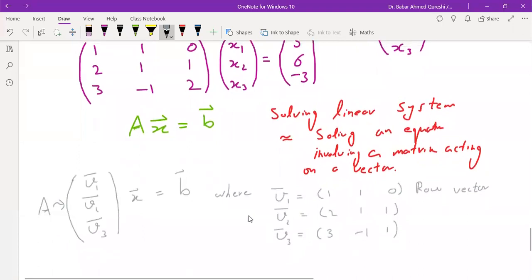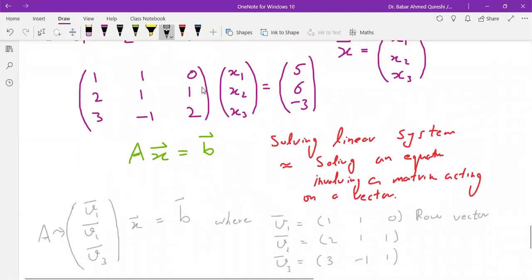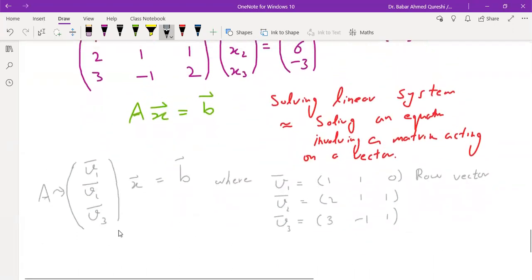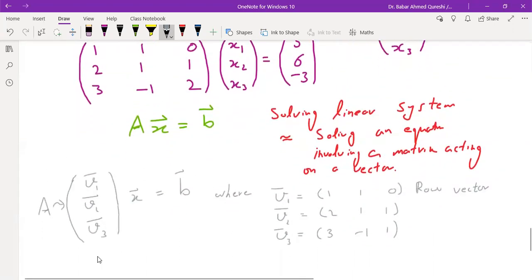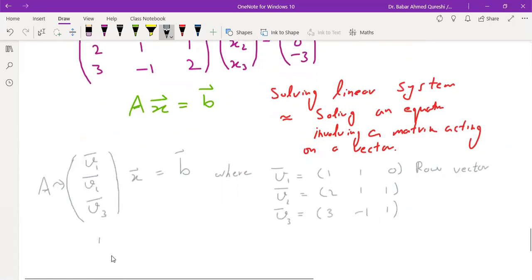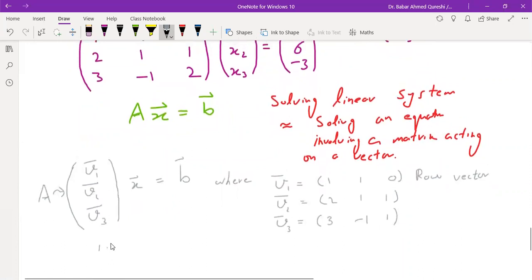And how do I multiply this? I take each row and make its dot product with this vector with which I'm multiplying it. So when I take the dot product, I get 1 dotted with x1 plus 1 multiplied with x2 plus 0 multiplied with x3.